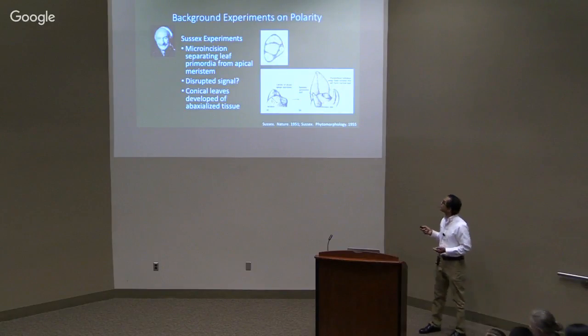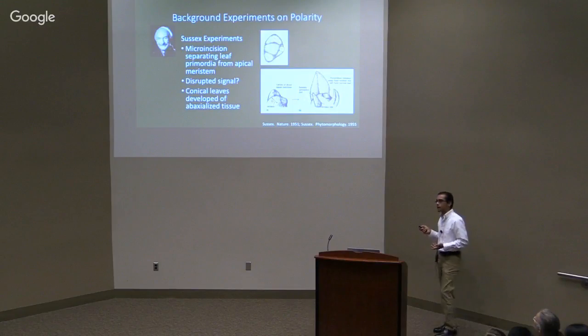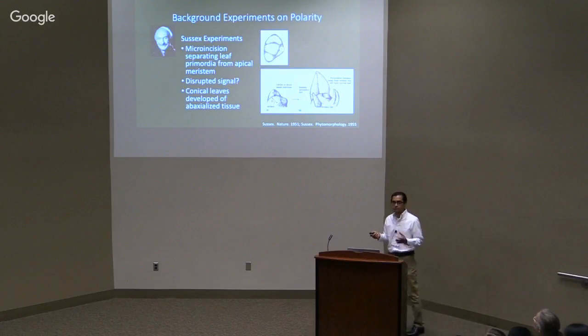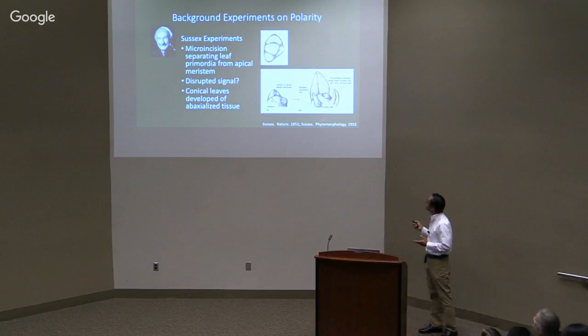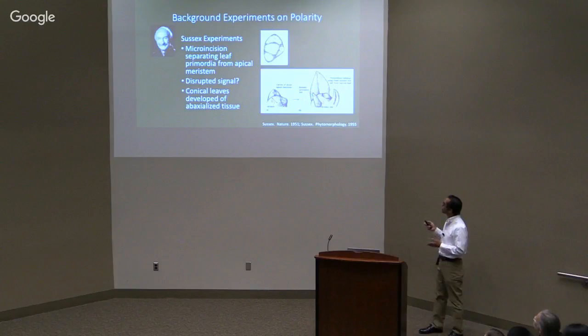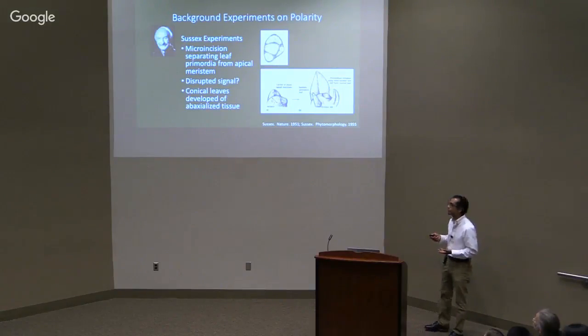When he did that, there were some radially symmetric leaves, or conical leaves, that ended up developed completely of abaxialized tissue, or made up of completely the underside of the leaf. In addition to that, normal leaves developed on non-surgical cells, but there wasn't a 100% ratio of radially symmetric leaves when this was conducted.